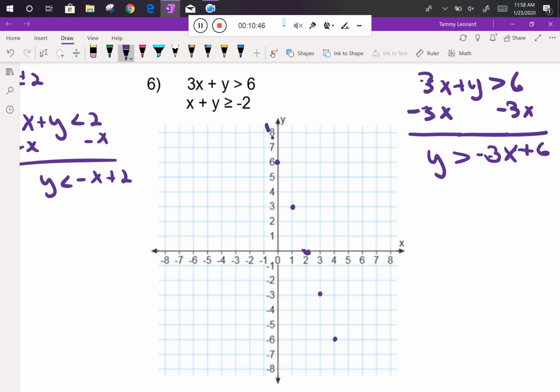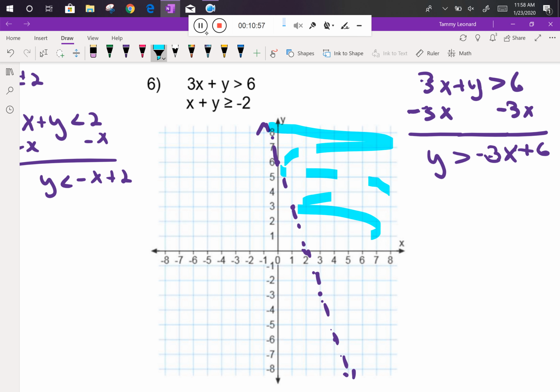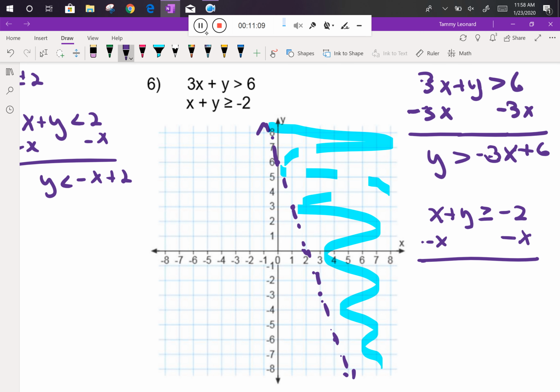It's a dashed line. And we would be shading above this line. So everything in here would get shaded. If I have x plus y is greater than or equal to negative 2, and I subtract x from each side, I have y is greater than or equal to negative x minus 2.